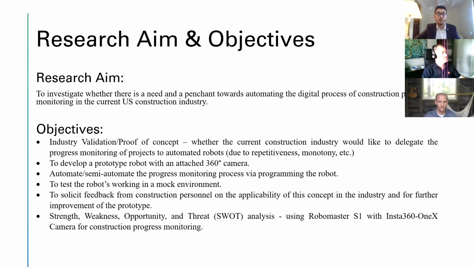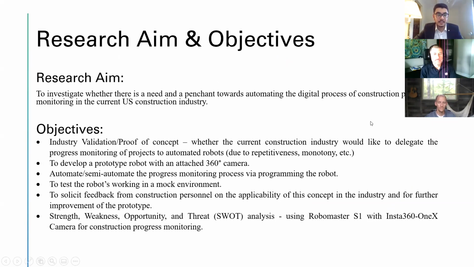Our aim was to investigate whether there's a need and a penchant towards automating the digital process of construction progress monitoring in the current US construction industry. So basically to understand whether the practical world out there even wants to use this technology and automate it for progress monitoring.